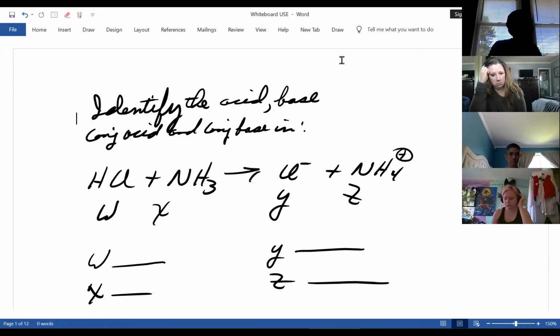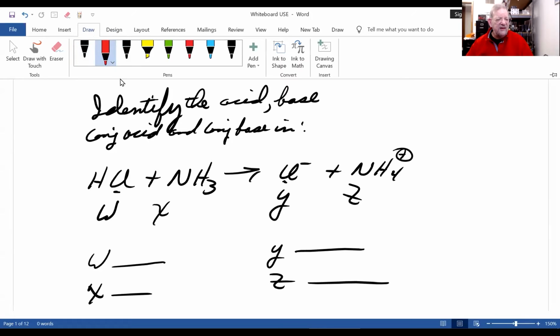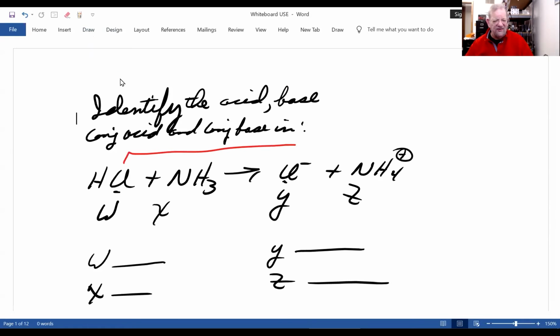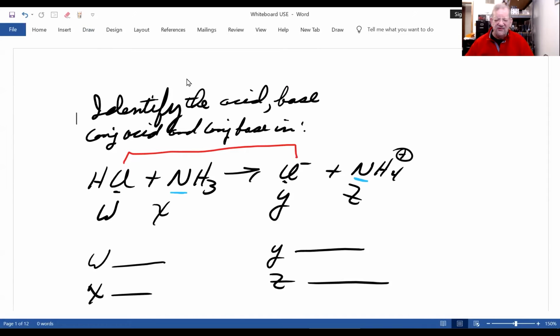So let's take a look at this. If we notice, this has a chlorine, this has a chlorine. So these are conjugates. This has a nitrogen, this has it.